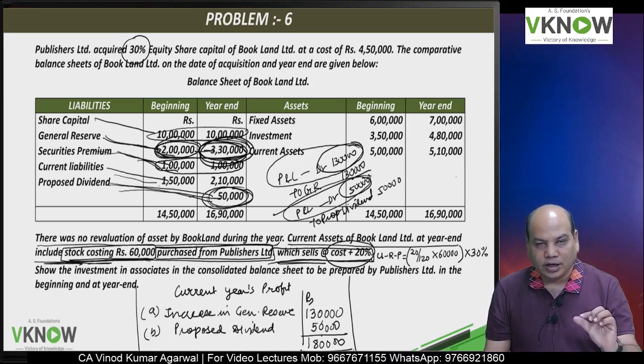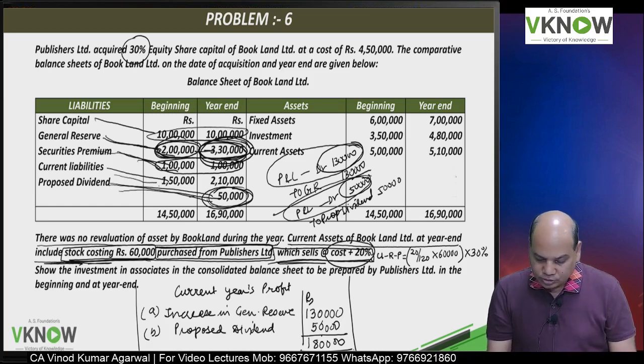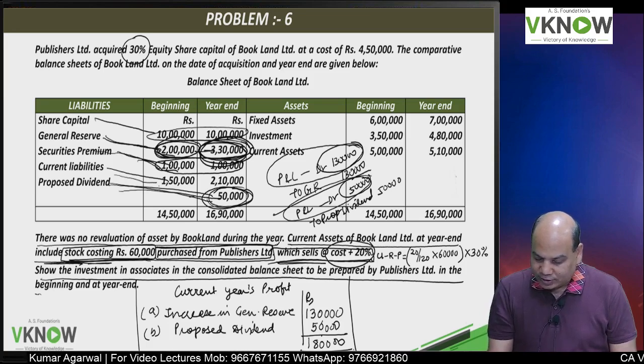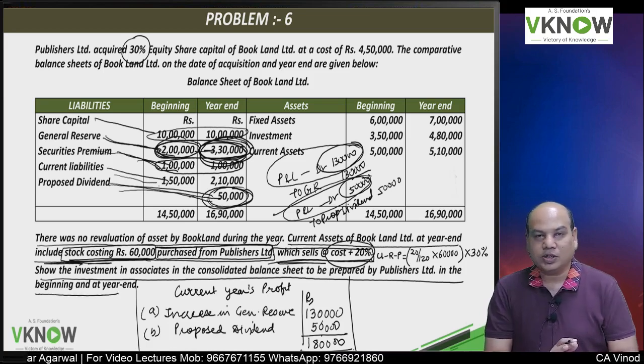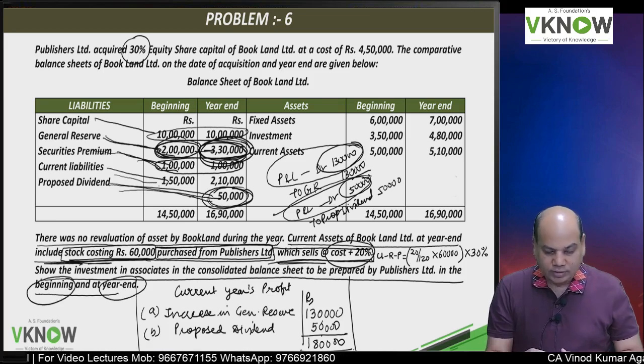Share in profit, add. Unrealized profit, reduce. Show the investment in associate in the consolidated balance sheet to be prepared by Publisher Limited at the beginning, and at the end.